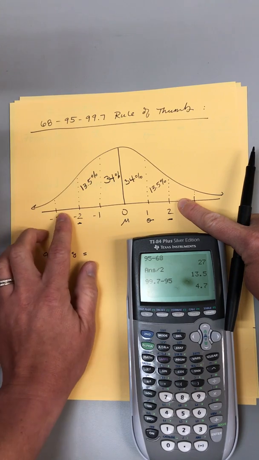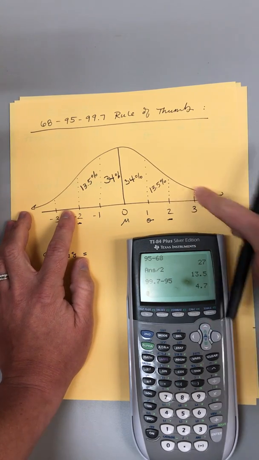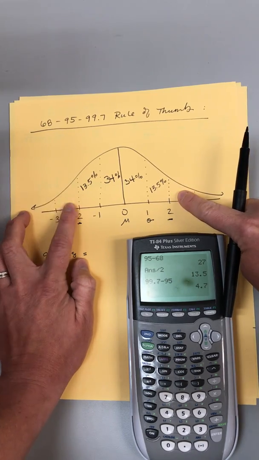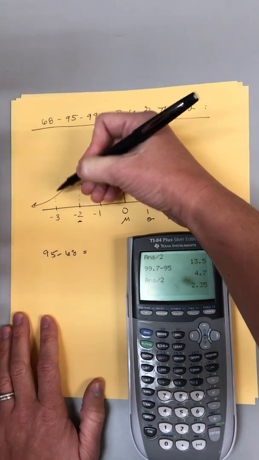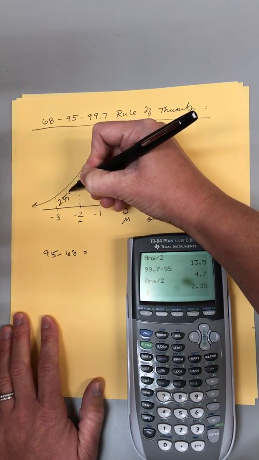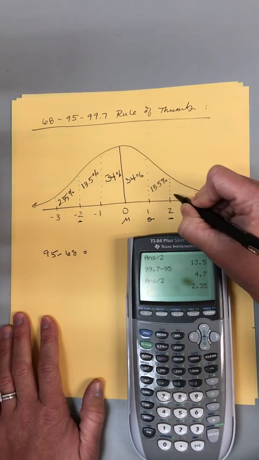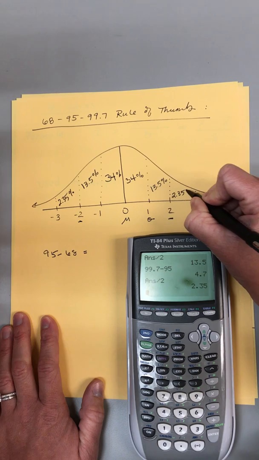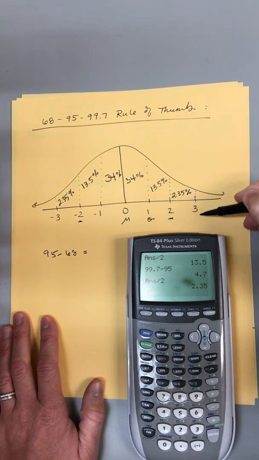Now my picture isn't perfectly drawn to scale, but if I take that section and split it up equally here and here, that means that in this section, 2.35% of your data should land between -2 and -3 deviations from the mean, and 2.35% here above, from 2 deviations to 3 deviations above the mean.